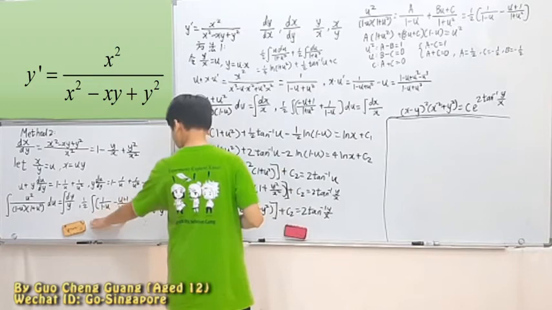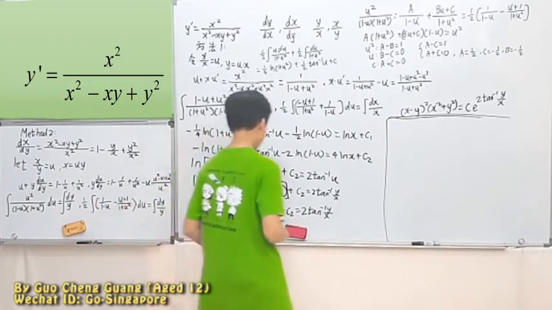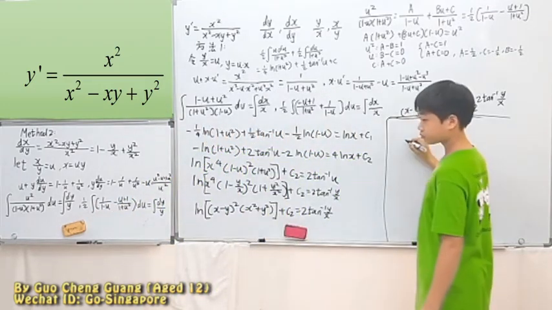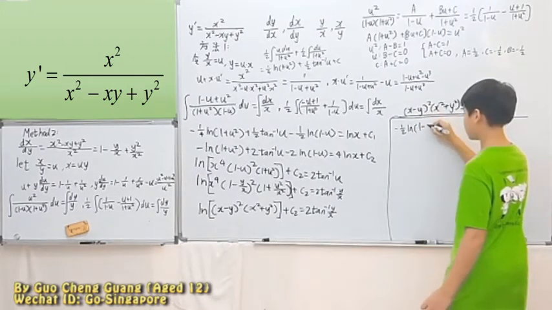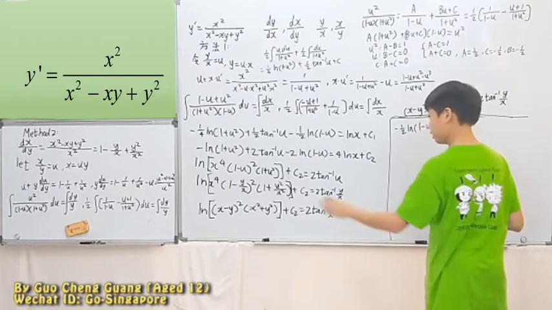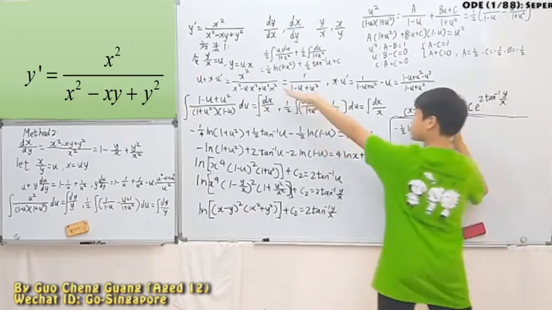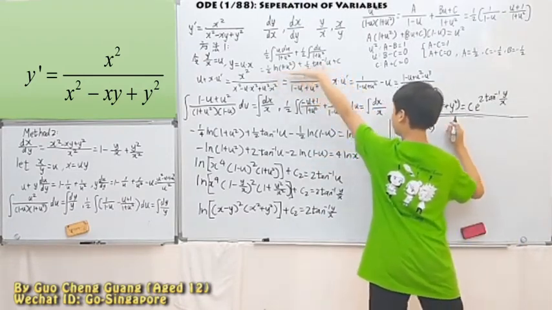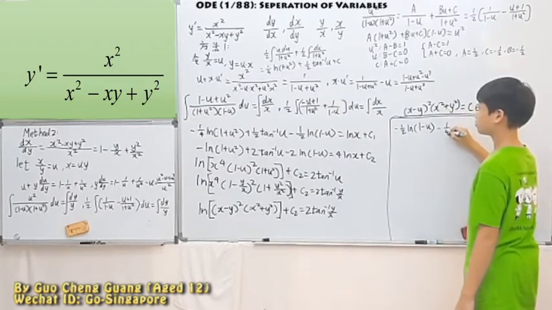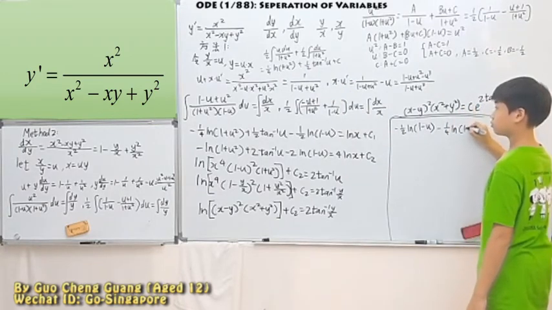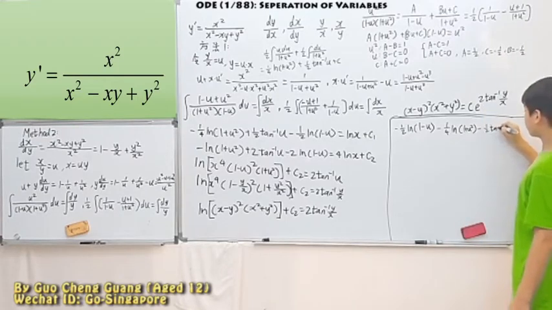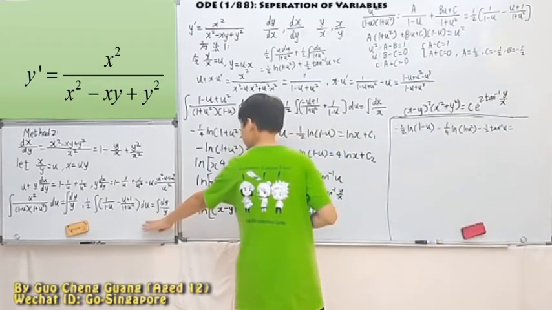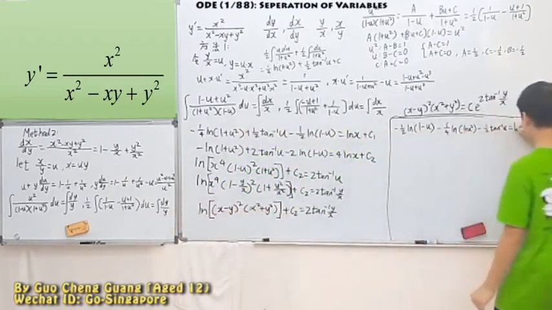So at this part, now we can integrate both sides at once. So is this log 1 minus u. Then after that is what we have calculated over here. Then for this other part, it's just a log.